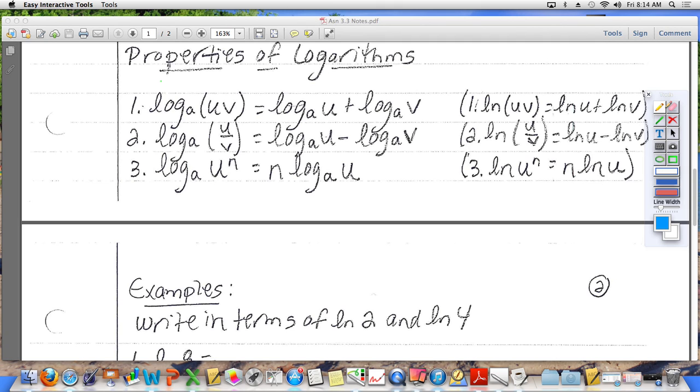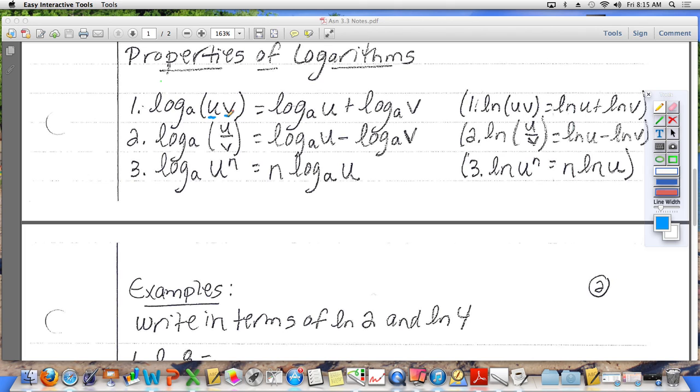If you have the log base A of two things multiplied, that is equivalent to the log base A of the first one plus log base A of the second one.